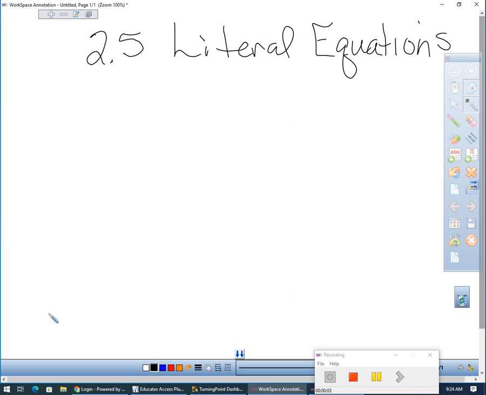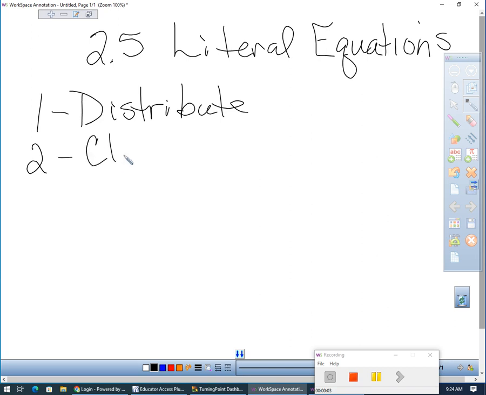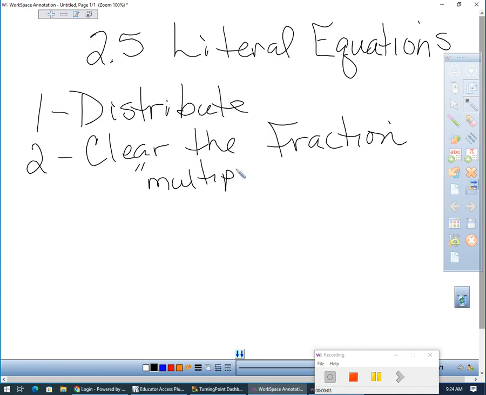So, for example, we're actually going to put the steps down to remind you what they are to begin with. Step number 1, if there's parentheses anywhere, please distribute. Step number 2, if there's any fraction anywhere, you're going to clear the fraction, and to clear the fraction, we multiply by the common denominator.